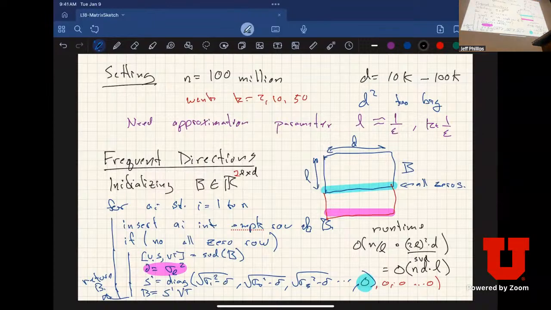So I've reduced the runtime from ND squared, which has been ND times 10,000, to ND times 10, roughly, maybe to ND times 40 if I have this 2 squared in front. But I've reduced the runtime significantly if I start with quite a high dimension here. And the overall space is pretty small.